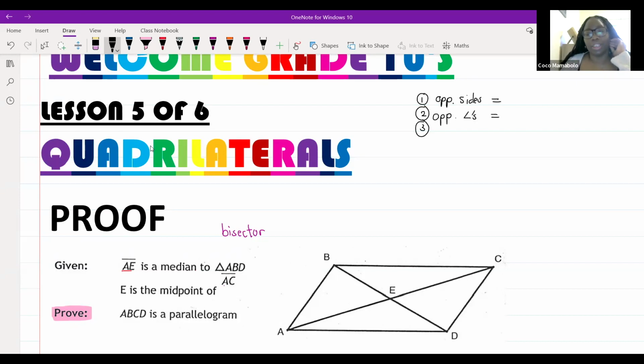And then there's the very last one, the one that we're actually going to use today. Who remembers? Okay, I'll give us a quick reminder. Unfortunately, if we prove that the two sets of these are parallel, that would only help us in proving that the opposite angles are equal. Okay, so the parallel part of it, yeah.